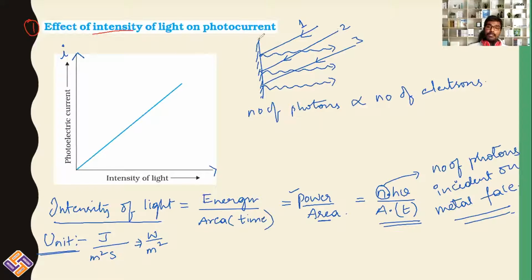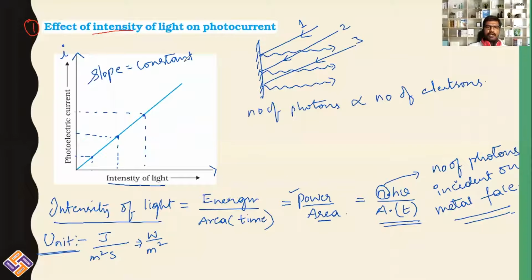The more photons are incident on the metal face, the more electrons can be ejected out. Therefore, as you increase the intensity of light, the photocurrent is also increasing. The slope is constant.